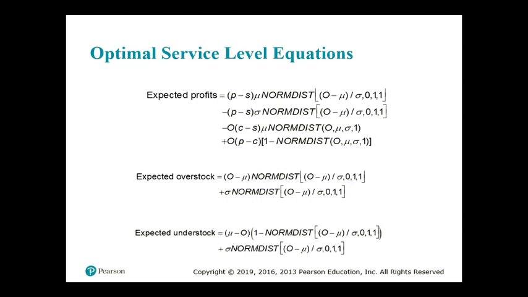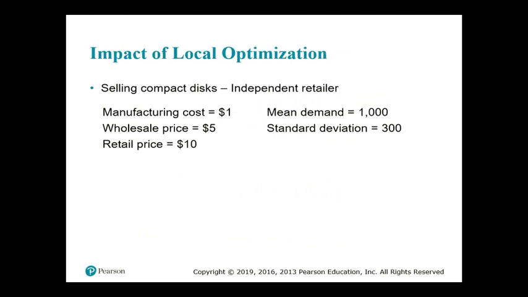Now we want to look at what if there are multiple parties in the supply chain, right? So we look at, say, a supply chain with a manufacturer and a retailer, right?